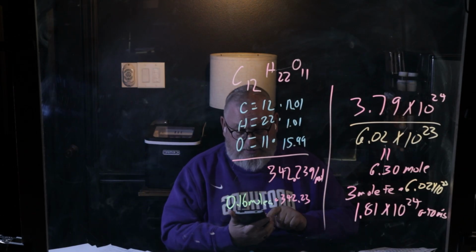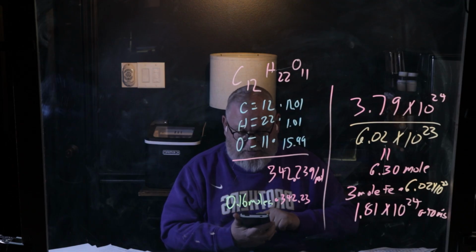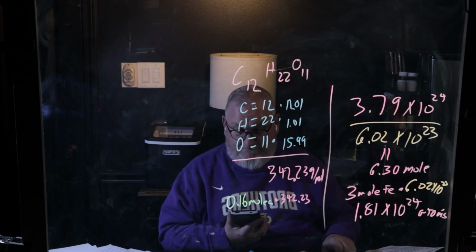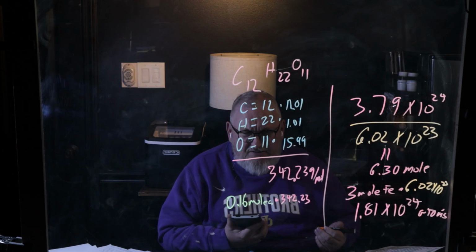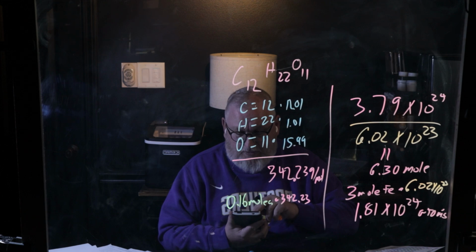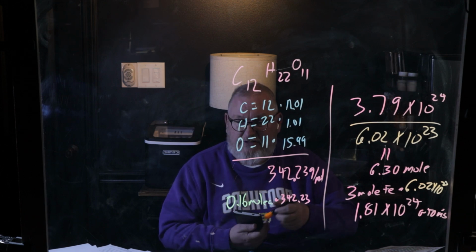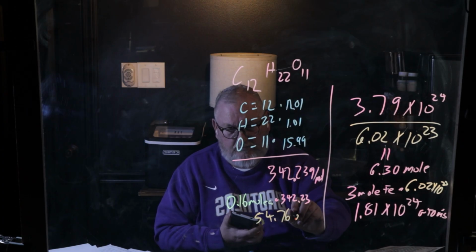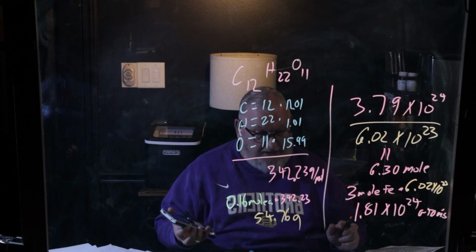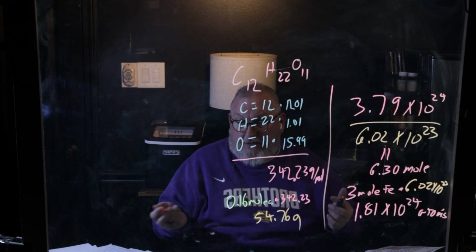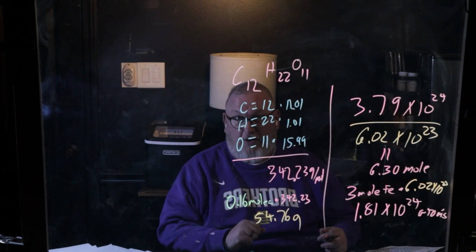Times 0.16, I got 54.76 grams. Two significant figures there, so 54.76 grams. Not grams per mole that time. That is the mass of the sample for the 0.16 moles.